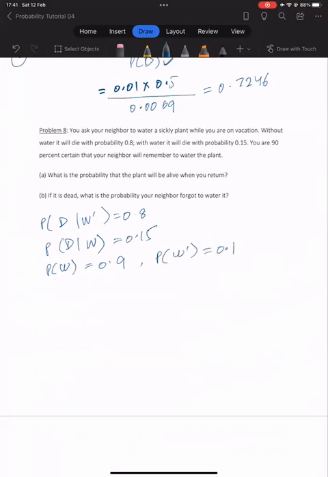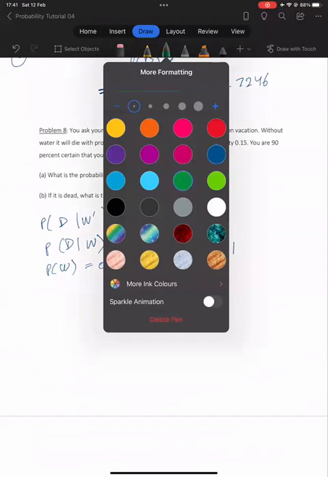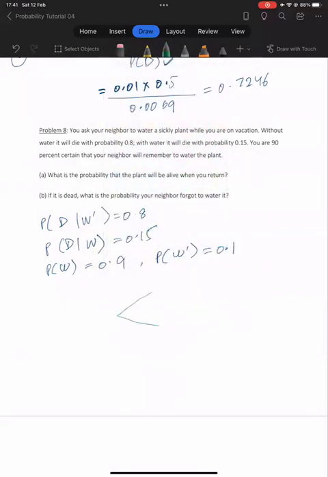Again, we can just make the tree diagram. Okay, water, did not water, and then if you water it and it dies is 0.15. If you don't water it and it dies is 0.8. Don't water it and it doesn't die is 0.2, and you water it and it doesn't die should be 0.85. ठीक है.